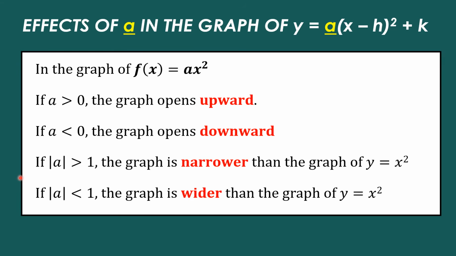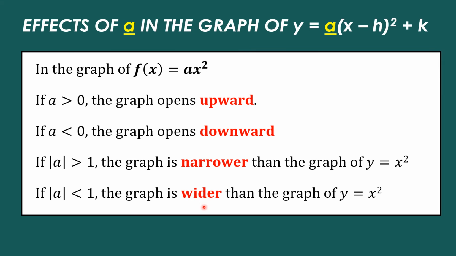Now, how about the shape of the graph? If the absolute value of a is greater than 1, the graph will be narrower compared to our parent function. Ibig sabihin, mas makitid. Now, if the absolute value of a is less than 1, the graph now is wider compared to our parent function.